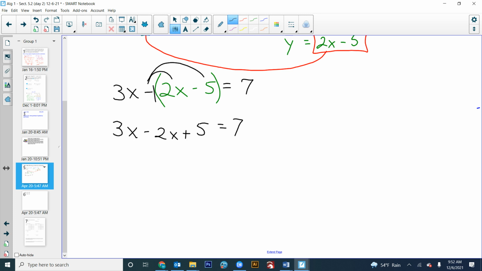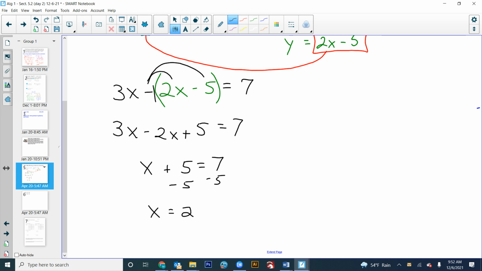You have 1x. 1x plus 5 equals 7. What do I do to solve for x? Subtract 5 from both sides. Good. So x is 7 minus 5, which is 2. X equals 2.